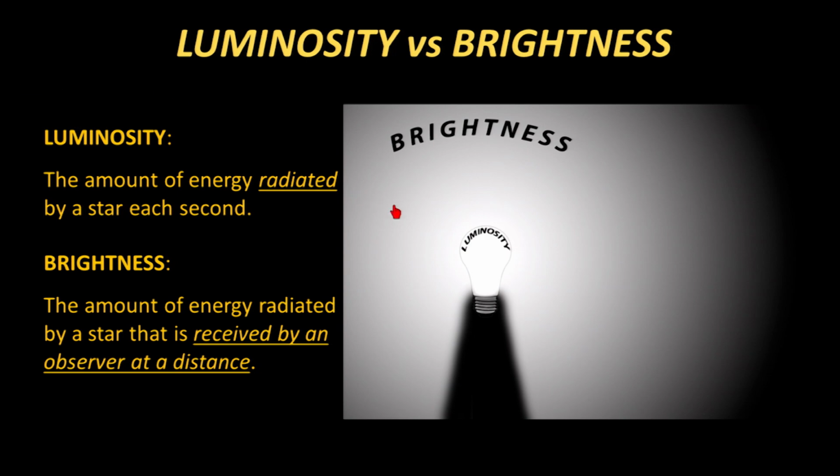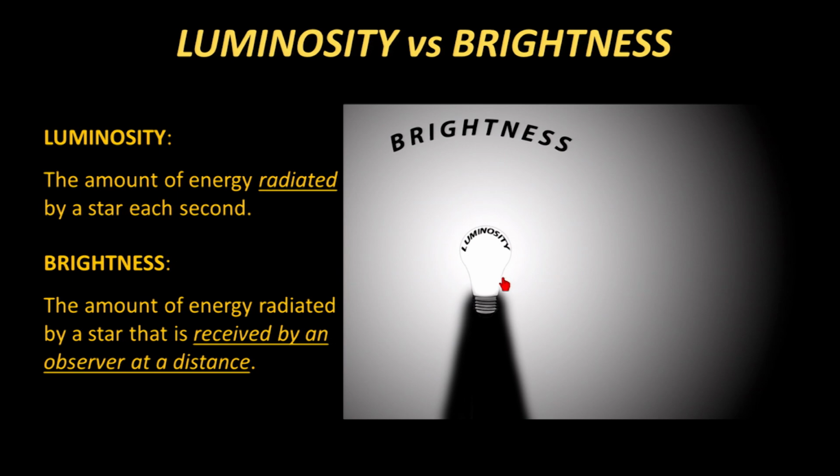What you want to think about is luminosity is the energy that the light bulb is making, that is leaving the light bulb. Brightness is how much of that energy is getting to you at the distance that you happen to be. So there is a fundamental difference between these two.